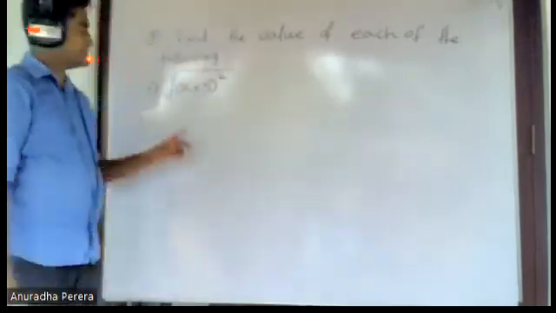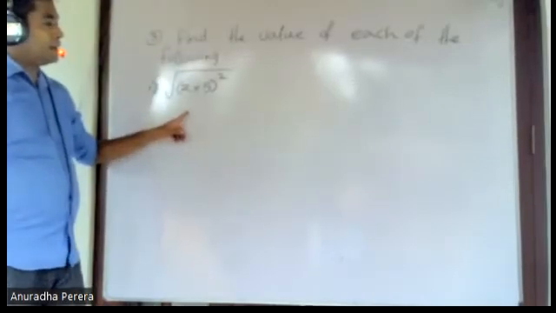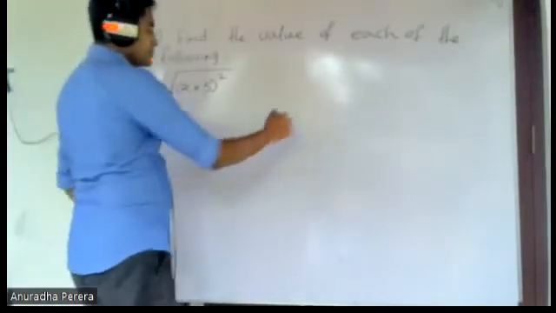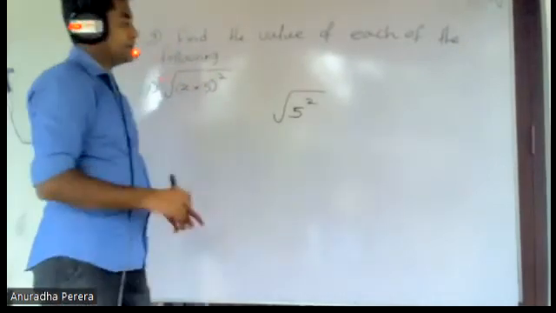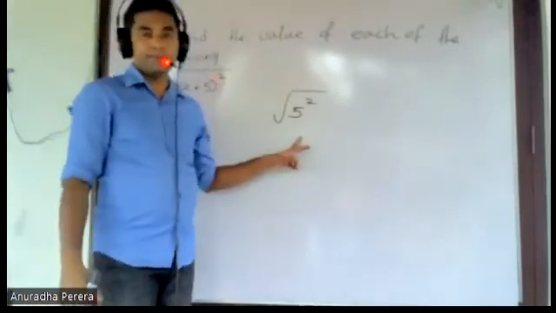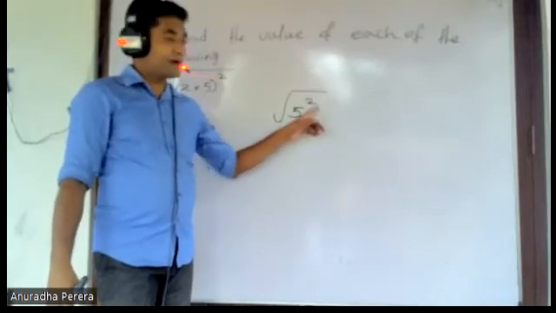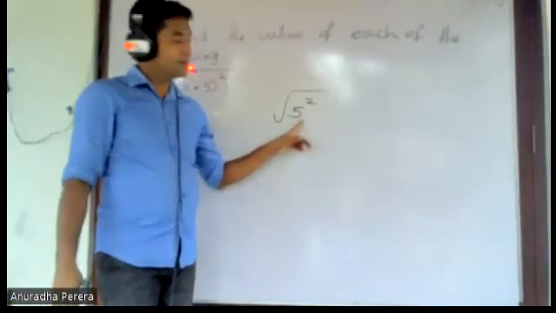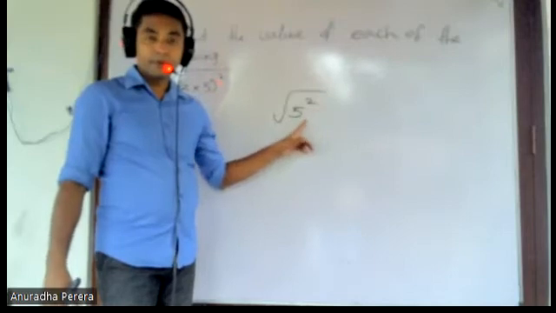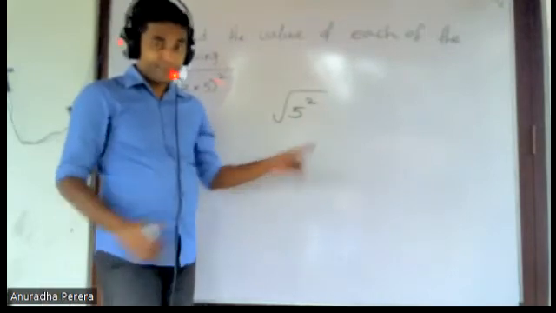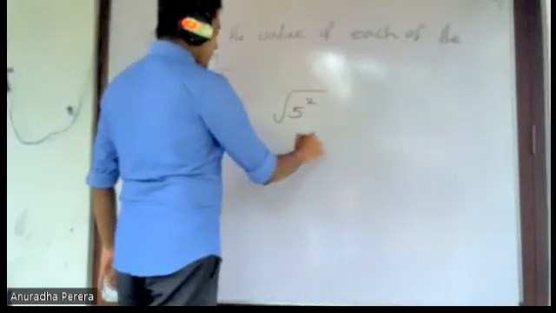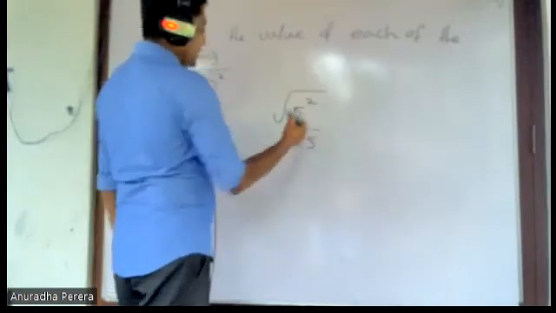How can you find this? Think about this one. The square root of 5 to the power 2. This is a square root of a square. Tell me what is the value of 5 to the power 2? 25. Then we need the square root of 25.